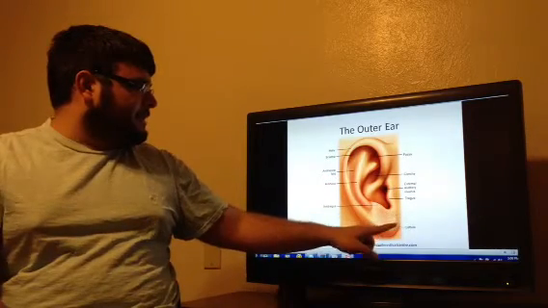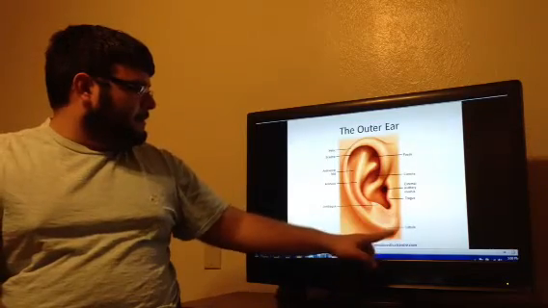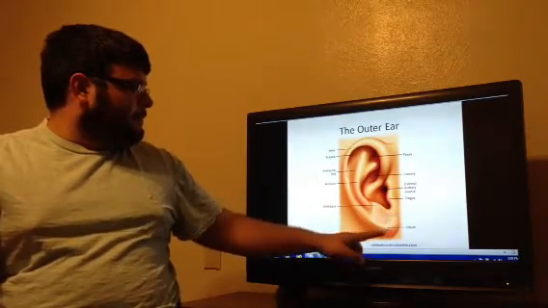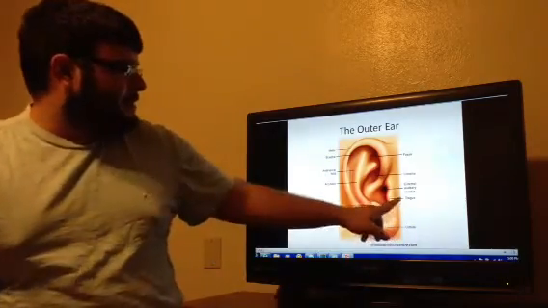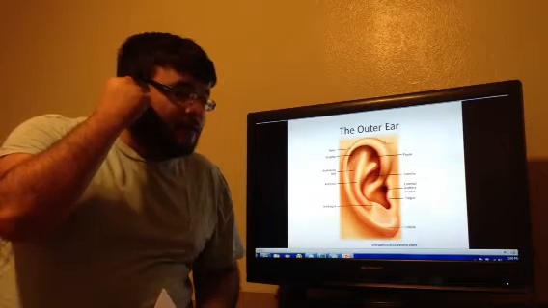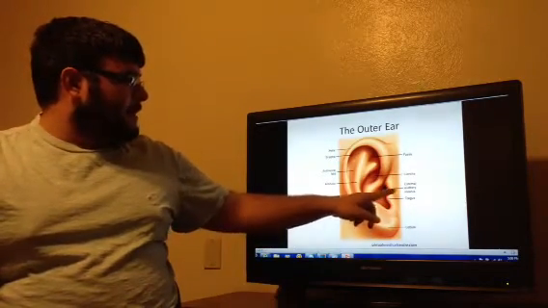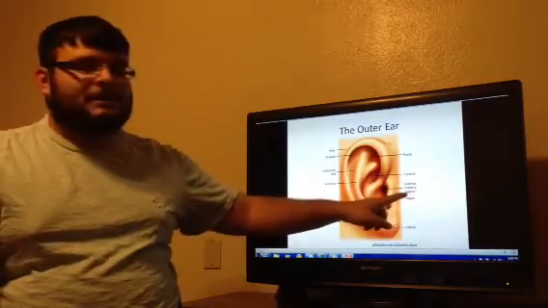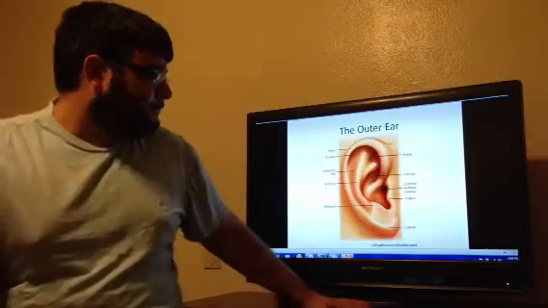Down here is the earlobe. This is the earlobe. The tragus is the cartilage that goes over the opening of the external auditory meatus, which is also referred to as the ear canal.